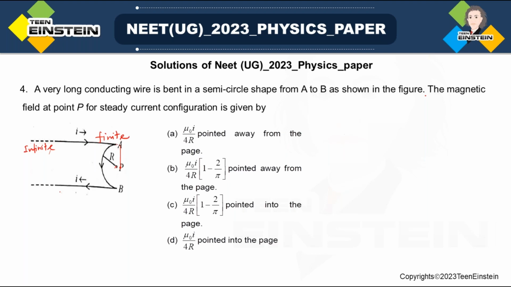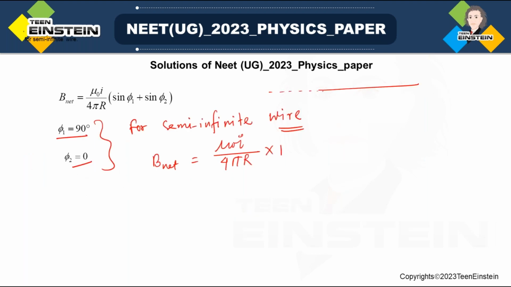That's how we get the magnetic field due to the semi-infinite portion, and there are two portions, so I'll get mu0 I by 2 pi r. Let me write 2 over here itself, just to keep uniformity in the result.